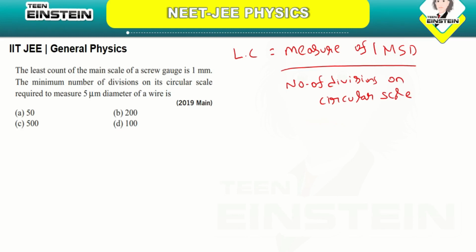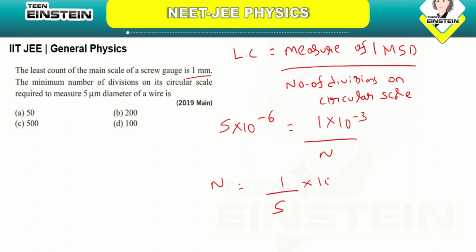So here they have given you the least count as 5 into 10 power minus 6. Okay, so 5 into 10 power minus 6 is equal to, here the main scale is 1 mm, so 1 into 10 power minus 3 divided by n, or n is equal to 1 by 5 into 10 power 3, or n is equal to 200 divisions.